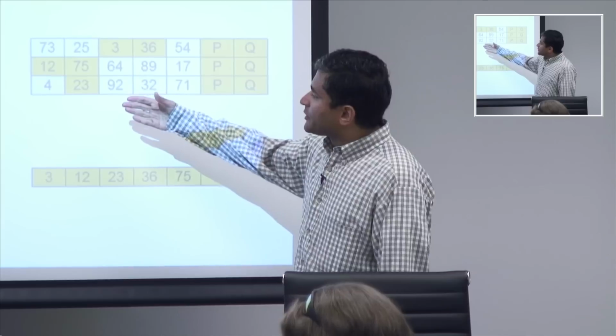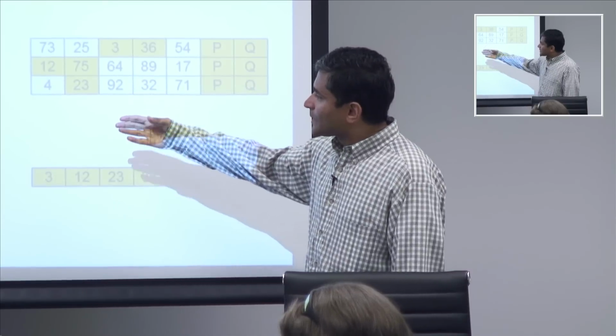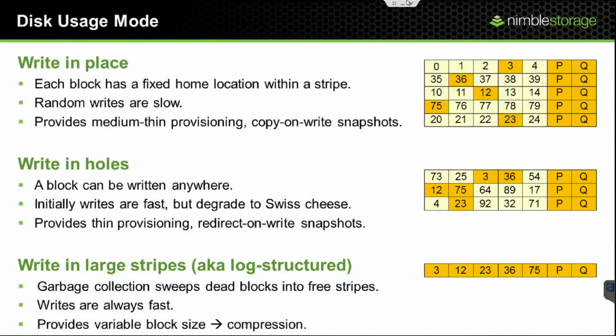Okay, so then there is an even more advanced layout, which has been known for some time as log structured layout, or writing in large stripes, where the system runs a process often called garbage collection that sweeps the dead blocks into free stripes, such that it always has free stripes to write into. So it's always writing in free stripes.